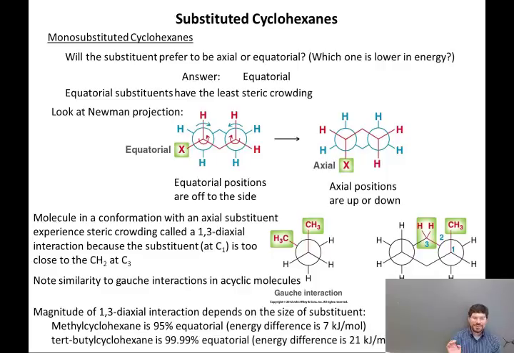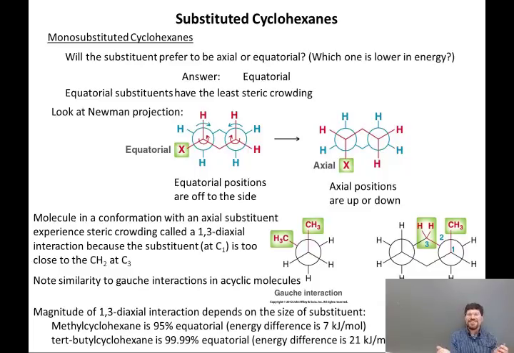If we go larger than methyl, if we go to tert-butylcyclohexane, the energy difference is now 21 kilojoules per mole. It is 3 times as big, and therefore tert-butylcyclohexane is 99.99% equatorial. At that point, we say that it is completely equatorial, or that it is locked in the equatorial conformation, because we cannot detect any of the axial conformation.